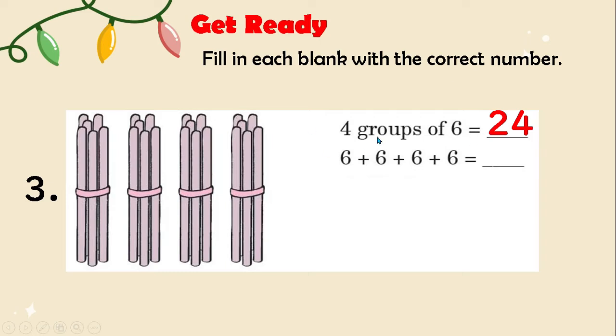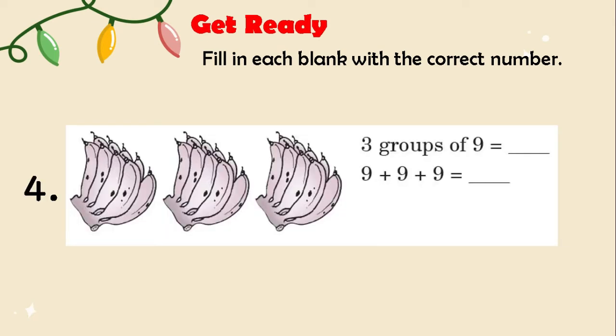And the addition sentence for this, we have 6 plus 6 plus 6 plus 6, which is equivalent to 24. Very good. And for number 4, we have 3 groups of 9. And 3 groups of 9 is equivalent to 27. And for addition sentence, we have 9 plus 9 plus 9 equals 27. Okay?